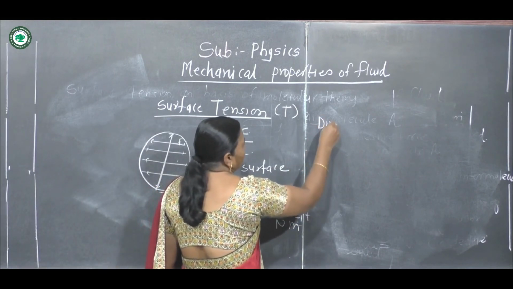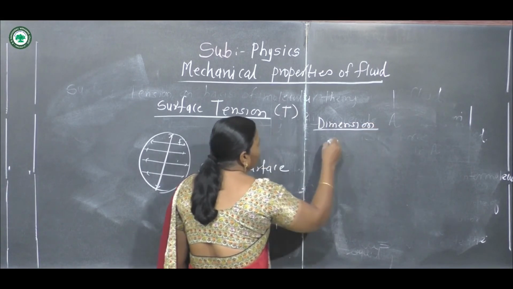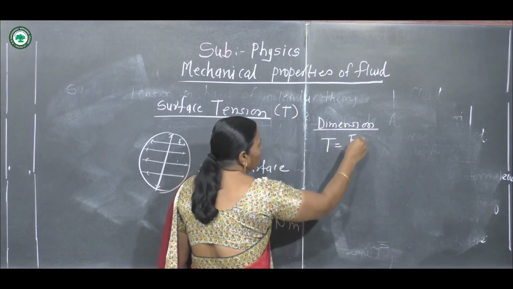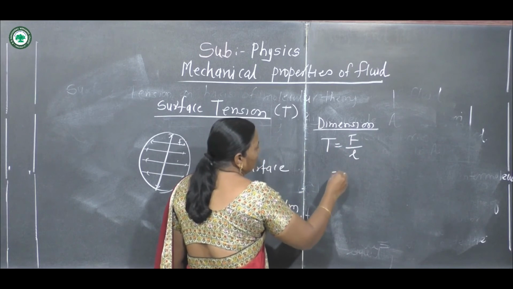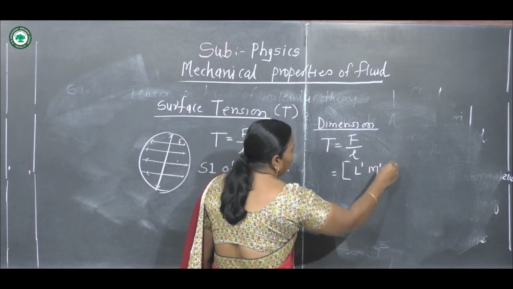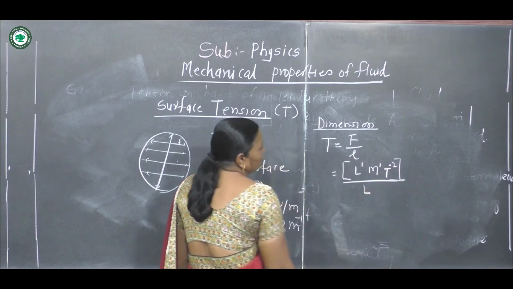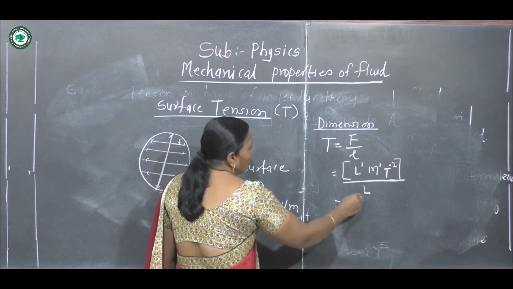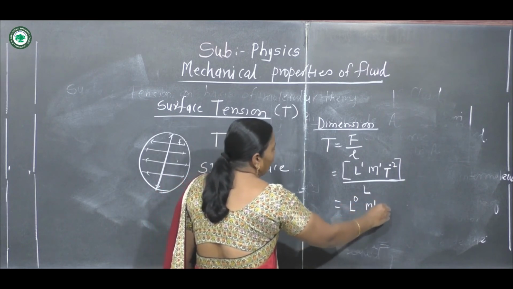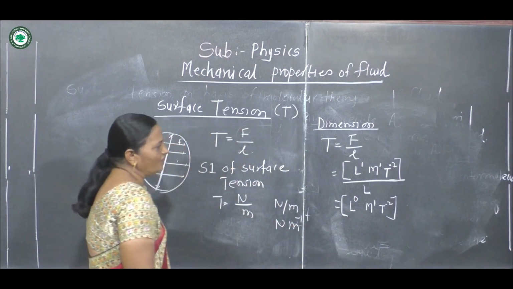Then dimension: T is equal to force upon length. The dimension of force is L1 M1 T minus 2, divided by L. Then we get L0 M1 T minus 2, the dimension of surface tension.